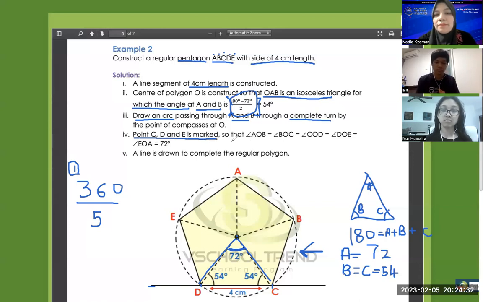So you can identify the angle at O. O is the center; usually we mark the center with O. So AOB, BOC, COD, DOE, and EOA are each equal to 72. Yes.